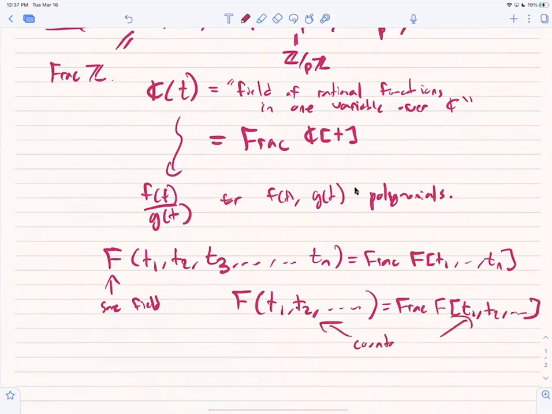I could do the same thing with uncountably many variables. You can form a polynomial ring with any index set for labeling your variables, of any cardinality, and take its fraction field, and you get a field of rational functions in however many variables.